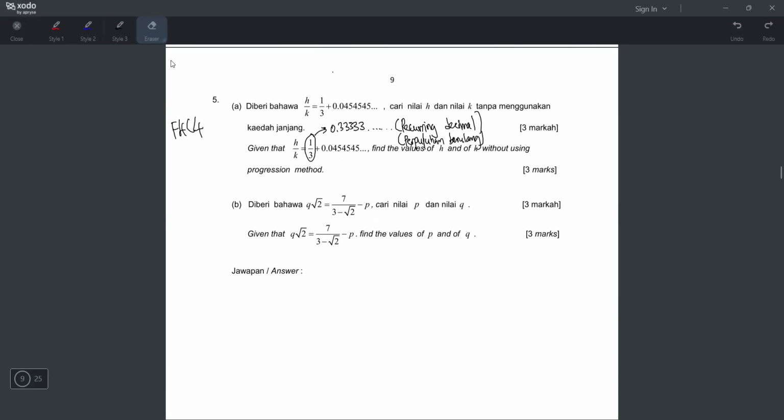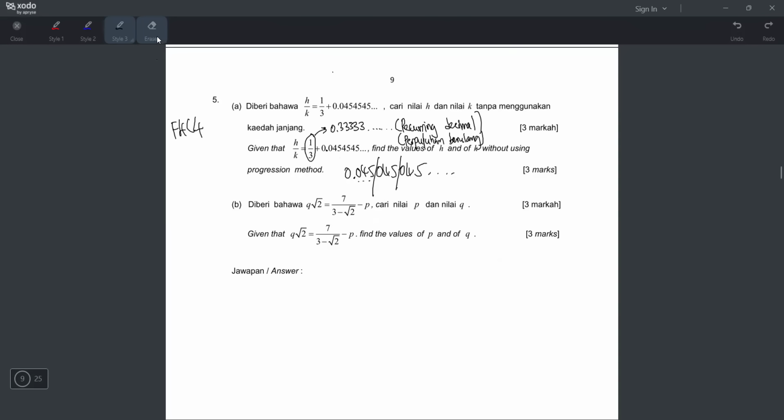Now answer me. This 0.0454545, is this a recurring decimal? The answer is no. Because after the decimal point, there is one digit that doesn't repeat, which is the 0 here. If this is 0.045045, then yes, it is a recurring decimal, because you can see 0.45 stops and repeats.